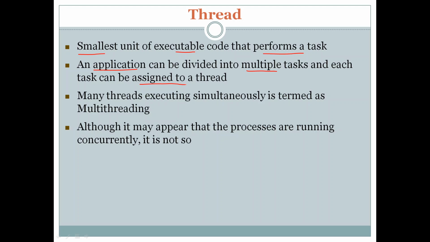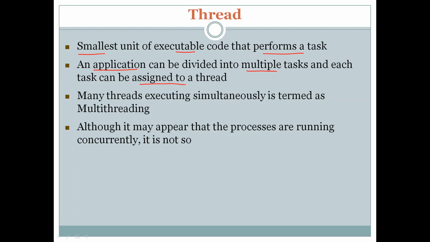For example, if we give some work to a person, that person may take say 2 days to do that work. If the same work is assigned to two different persons, it can be done in 1 day.